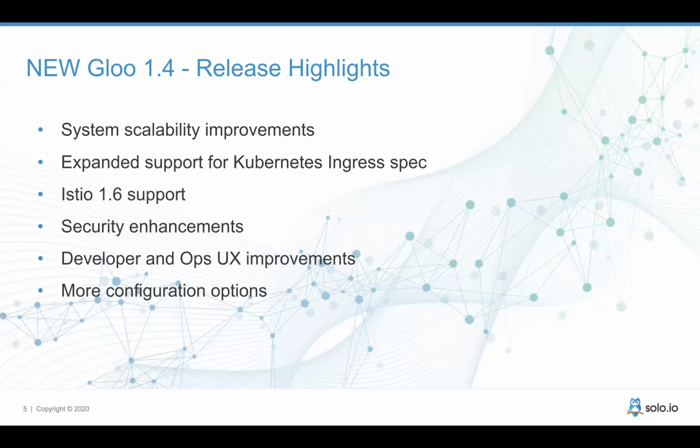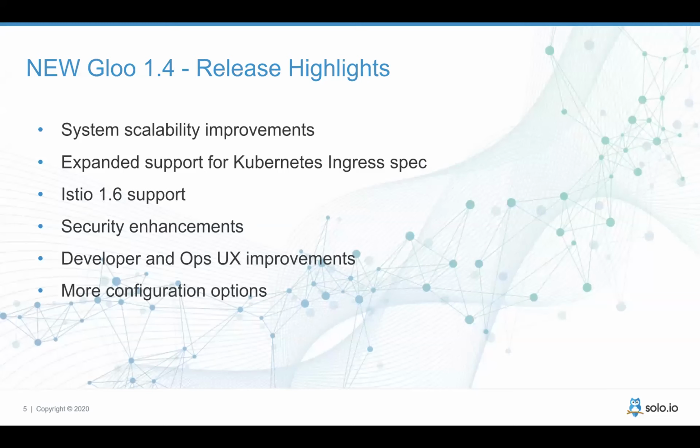We're really trying to be thoughtful about listening to feedback along the lines of configuration that makes it hard to manage and upgrade Gloo over time, whether it's Helm values or other things that we need to do to minimize the operational overhead, as well as incorporating Gloo into CI pipelines. We've made some progress on making it easier to validate config before it goes into the cluster and so forth.